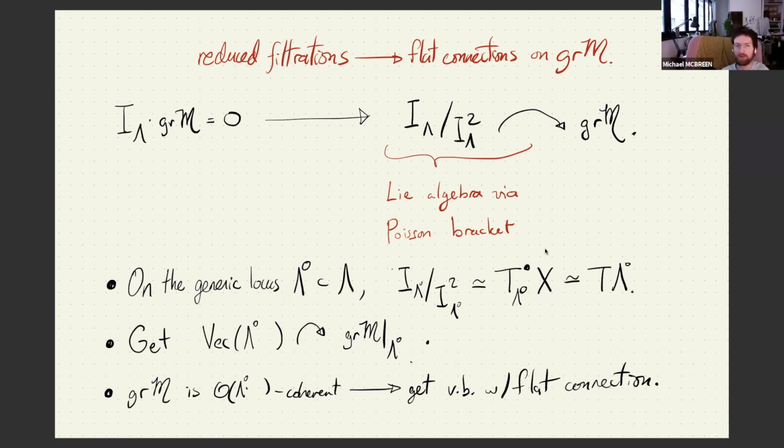And so this gives you a structure of a vector bundle with a flat connection. It is nice because constructing this reduced filtration is a pain, as we'll see. But if you just assume its existence, this is very elementary.